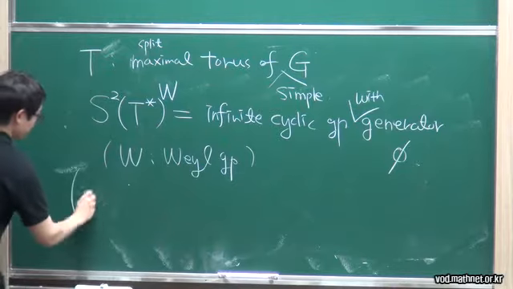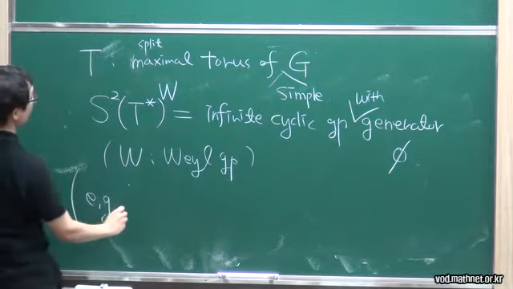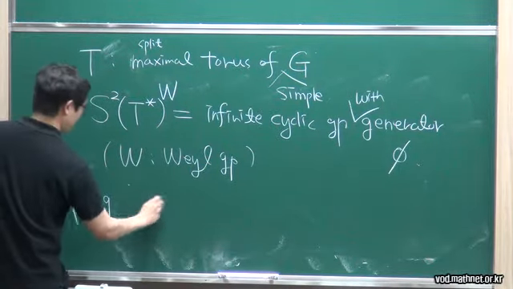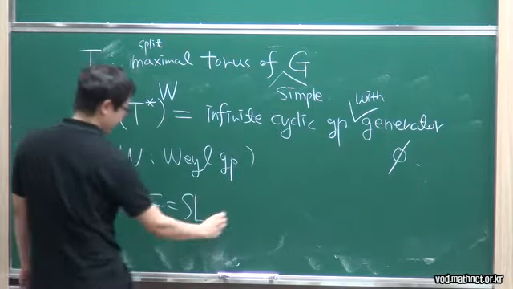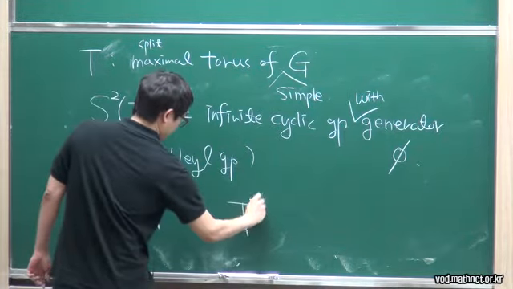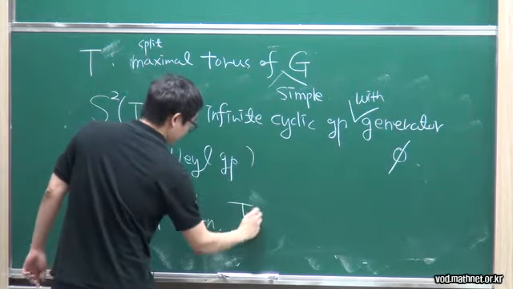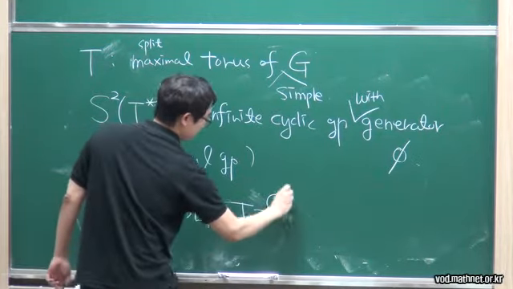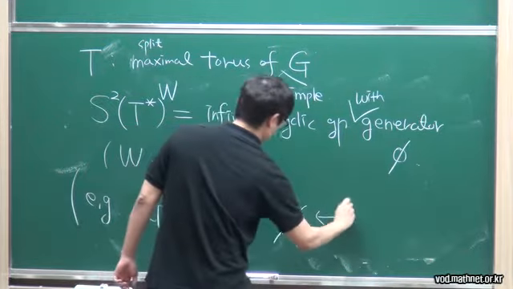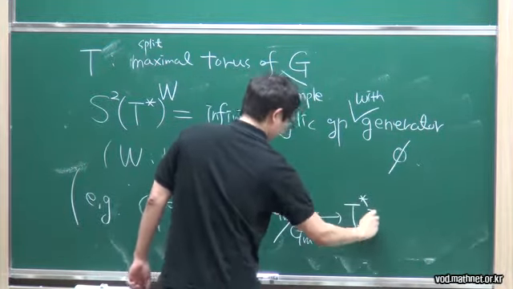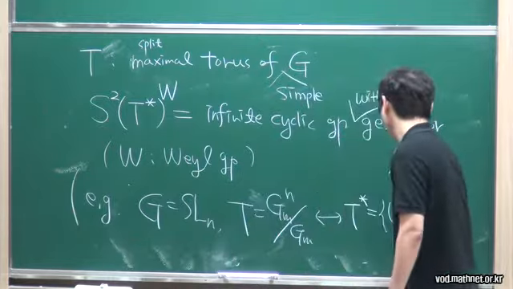Yeah. So, for instance, G is a special linear group, and then our torus is this, and this corresponds to character group.